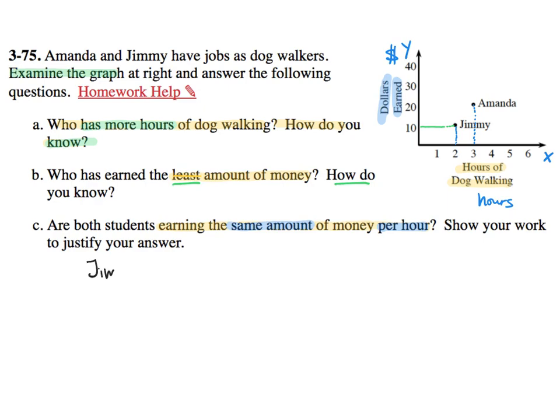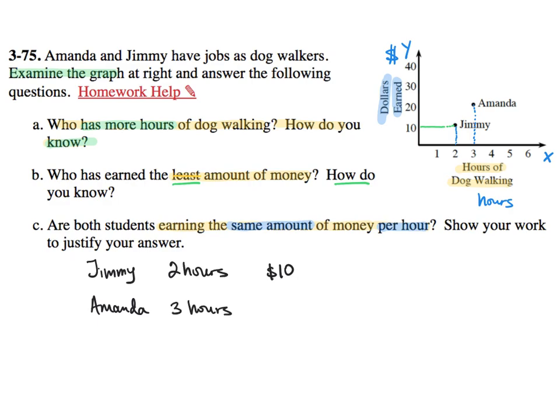Looking at the point for Jimmy, we have 2 hours and $10. And for Amanda, looking at her dot, it says 3 hours.